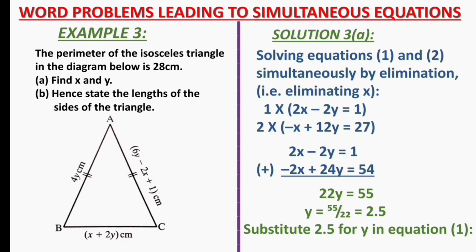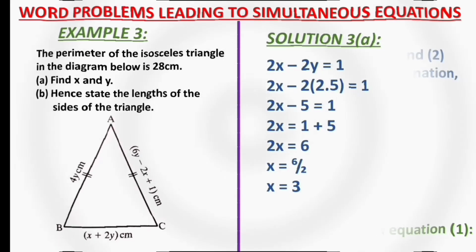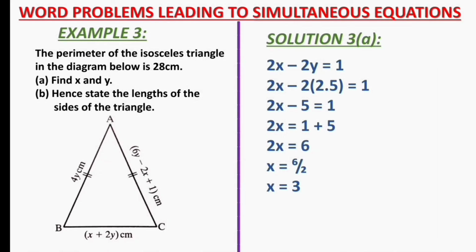Now that we have gotten our answer for y, let's get our answer for x by substituting 2.5 for y into any of the equations. Here I chose equation 1. When you substitute 2.5 for y in equation 1, what will be your answer for x? Let's see if your answer is correct. From equation 1, we have 2x minus 2y is equal to 1.